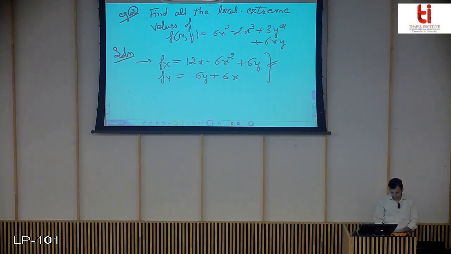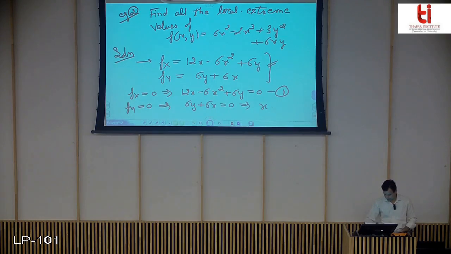So fx equals 0 implies 12x minus 6x square plus 6y equals 0, so this is equation 1. And fy equals 0 implies 6y plus 6x equals 0, implies x equals minus y. So this is equation 2. Using these two equations, we got these two relations. Now put 2 in 1.